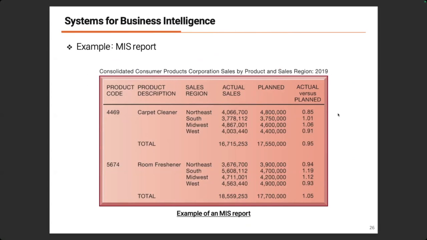So the managers can compare actual sales for specific products with the planned targets according to the sales regions. This kind of report can be used to answer simple routine questions.